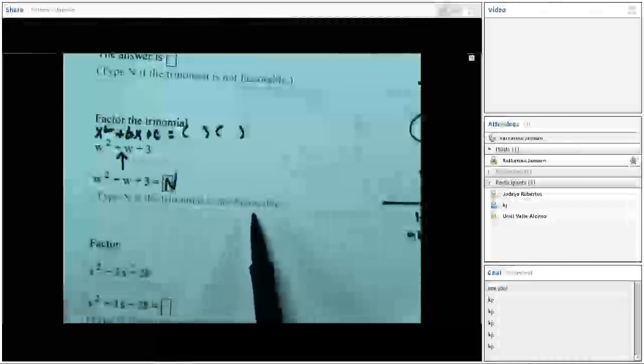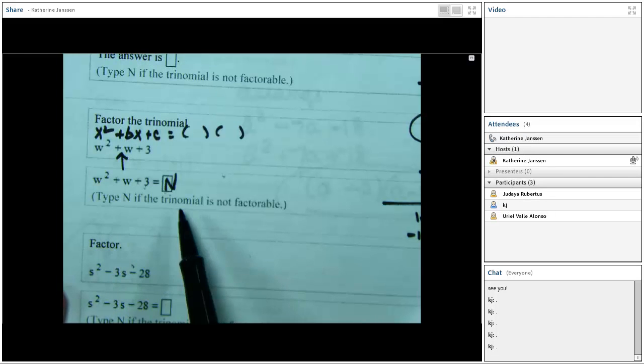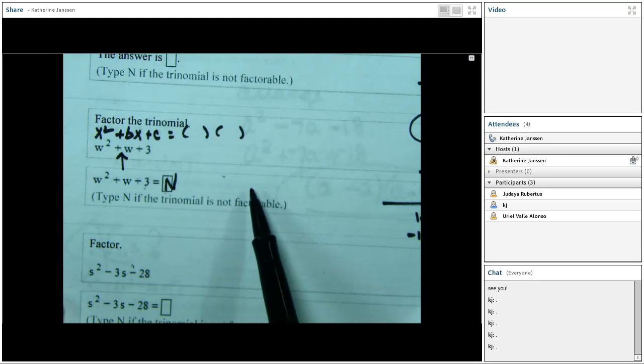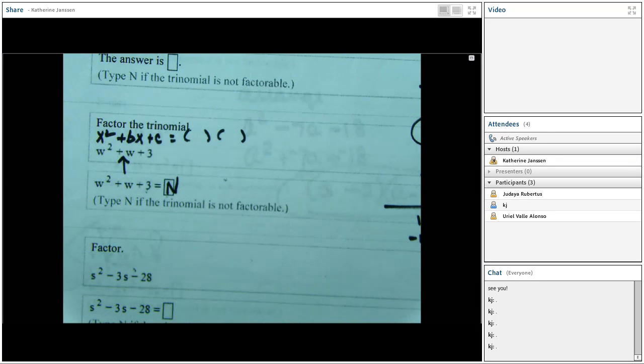So they'll give you an option to type your binomial times a binomial as your answer, or type n if the trinomial happens to be a case that is not factorable.